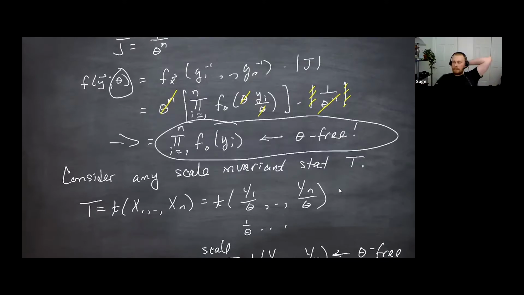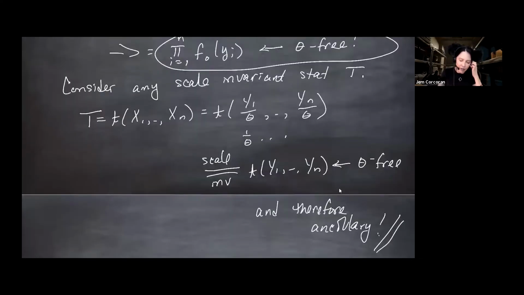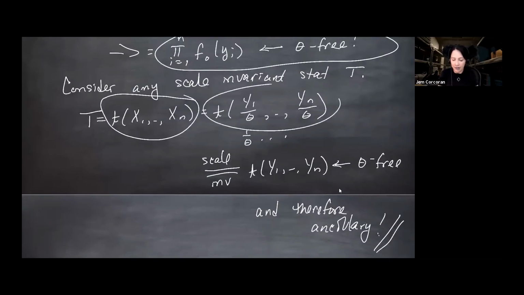I see. Since they're random variables that don't depend on the parameter theta, that's what we mean. Yeah, I should have made that more clear. This is a random variable, and this is a random variable. Because this is equal to this, and the distribution of the y's is theta free, then the distribution of t is theta free. That makes sense. So the statistic is ancillary.